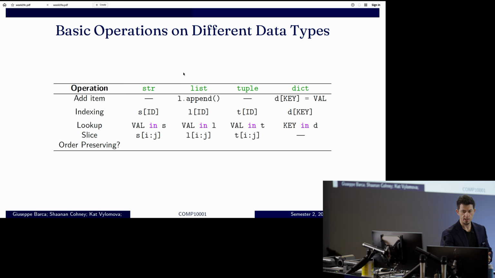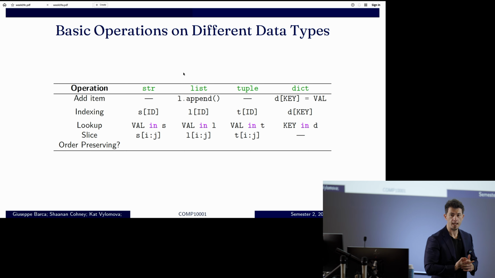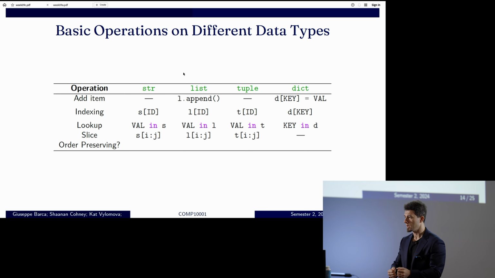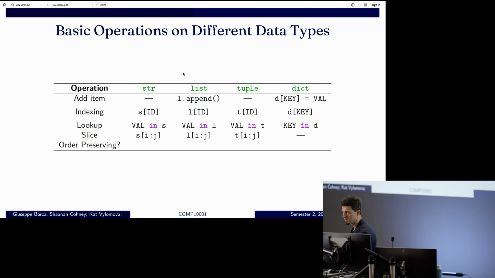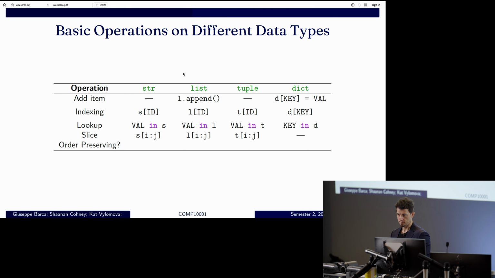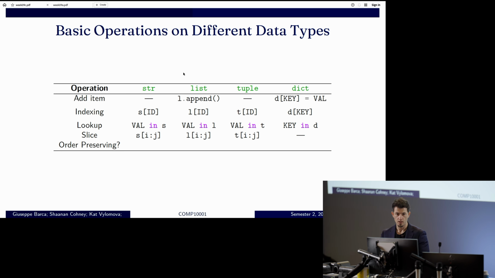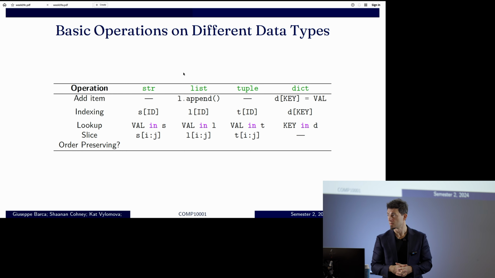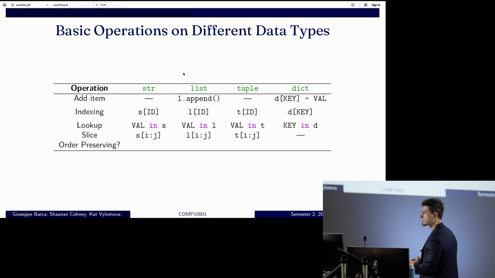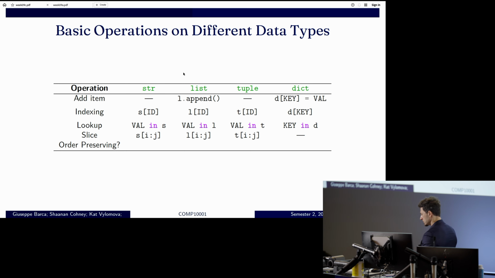So do lists and tuples maintain the order of insertion? If I keep adding items, do they maintain the order of insertion? The answer is yes. Dictionaries, what about dictionaries? Do they maintain the order of insertion? Doesn't matter, because it's assigned to a key.